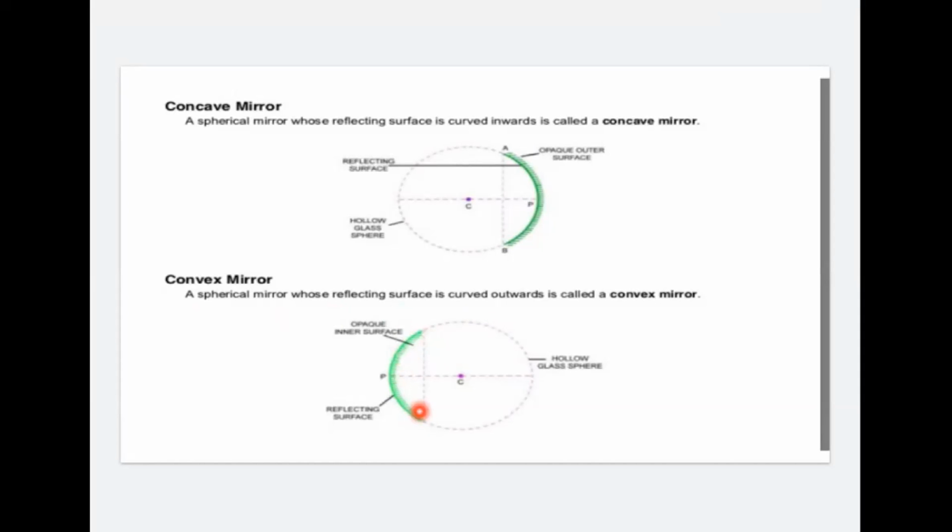This portion will be coated with silver, and definitely the bulged out portion will be acting like a convex mirror. So the rays of light will come and fall on this reflecting surface, which is the bulged out portion, and ultimately the reflection would take place in this case.